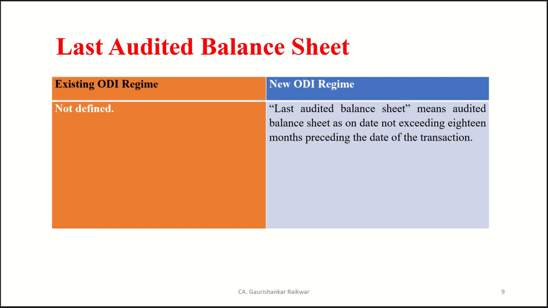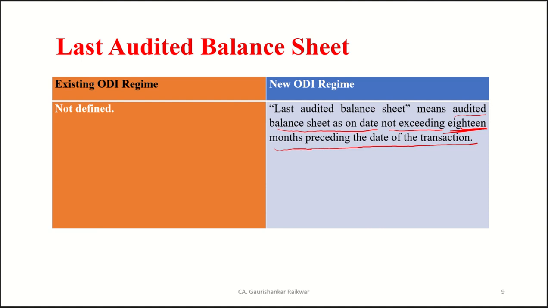Now, the last audited balance sheet. When we studied the definition of net worth, we came across this terminology: last audited balance sheet. In the existing ODI regime it was not defined, but under the new ODI it means the audited balance sheet as on a date not exceeding 18 months preceding the date of the transaction.